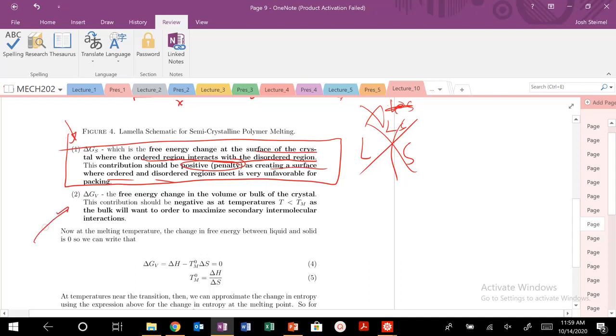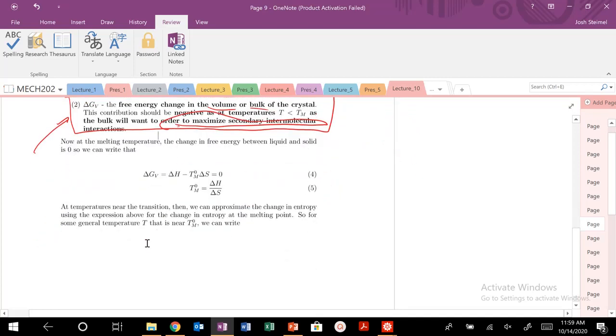But we also are going to have a favorable energy contribution, which is the free energy change in the volume or bulk of the crystal. This is going to be negative when T is less than Tm, because we want to maximize those secondary interactions. That's the idea here. So let's start and define some definitions.